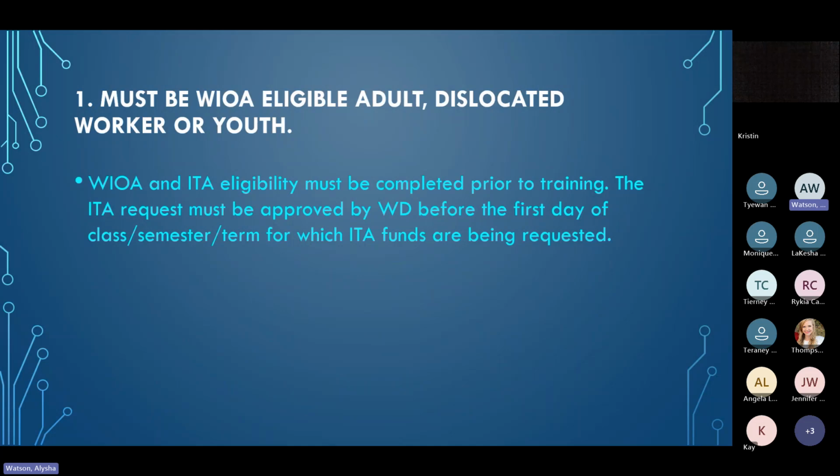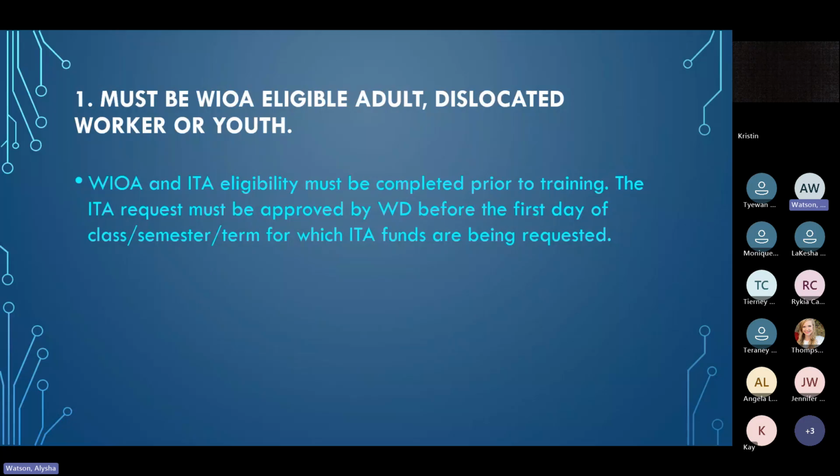WIOA and ITA eligibility must be completed prior to training. The ITA request must be approved by the workforce development staff before the first day of class for the semester for which the ITA funds are requested. It is a little further down in the PowerPoint, but I do strongly want to mention that any ITA requests must be sent in at least 2 weeks before the start date of the training program.